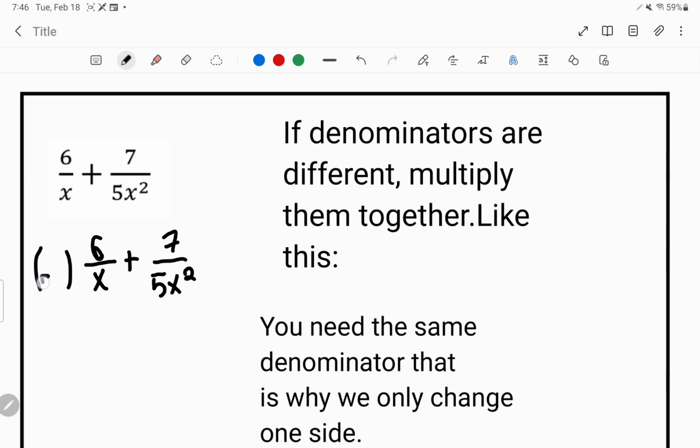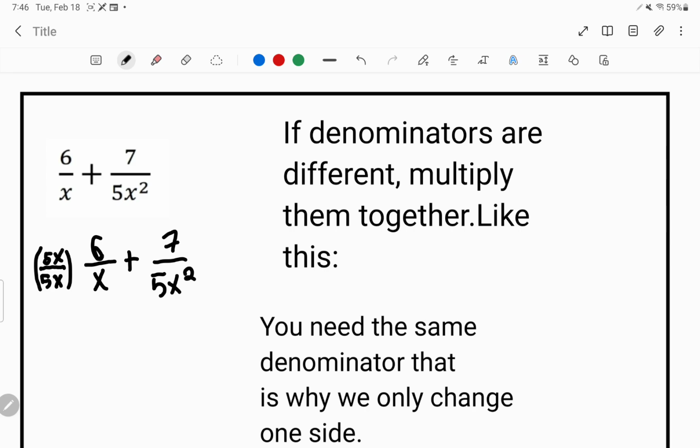So it's going to be 5. And also, I need to multiply by x. Now, if I multiply that with that one, that's going to give me exactly what I want. Now, because we're trying to fix the denominator, we also have to apply the same thing that we're applying to the denominator to the top, the numerator. So the same thing is going to be 5x up here.